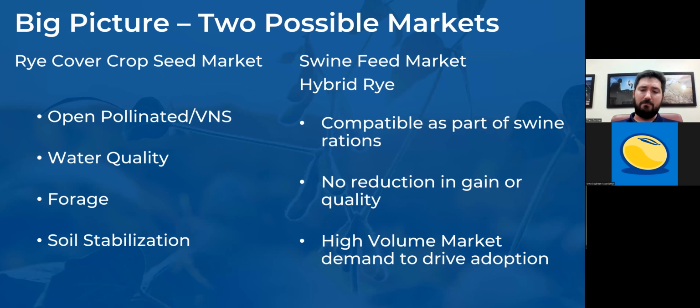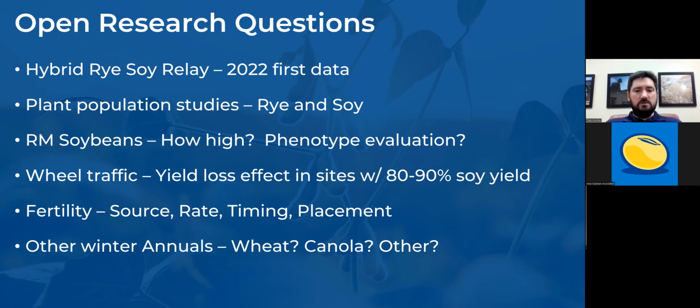But if we're talking about maximizing biomass production and maximizing grain output from this system, hybrid rye is going to do it. It's going to provide quality feed. And then if we can minimize or get comparable yields on soybeans that strike that balance, that's where it can really shine and might be there in the future. So I wanted to highlight some open research questions.